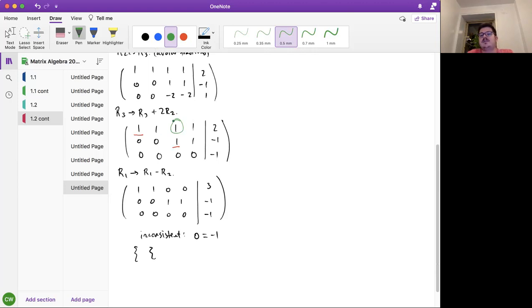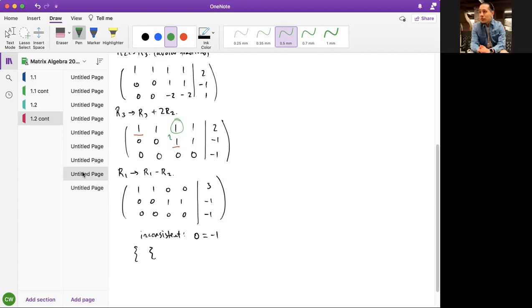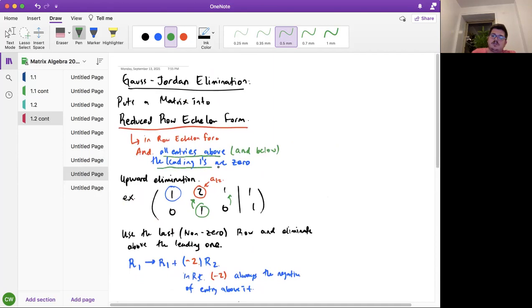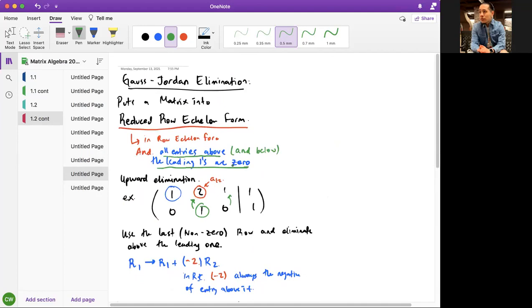Does that make sense? For reduced form, these entries above the leading ones need to be 0. That's just our definition of reduced row echelon form. All entries above the leading ones are 0. Oh, okay, yeah. I'm sorry, I kind of forgot the definition. That's okay. Yeah.